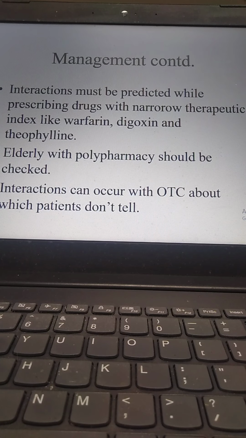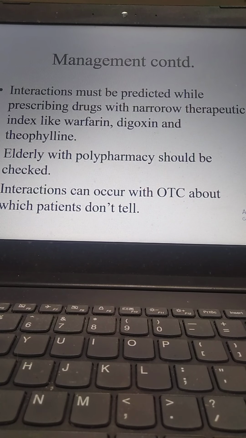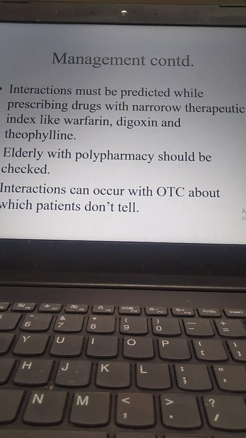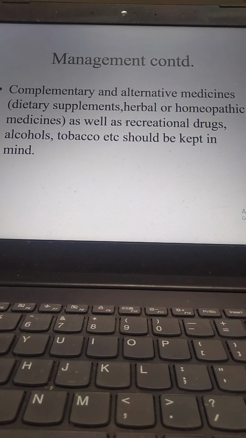If they have taken paracetamol, they hide it, and there is an interaction with the antihypertensives. So the patient has to tell the reality to the physician, or the physician should know about these interactions. Also manage complementary and alternate medicines, dietary supplements, herbal or homeopathic medicines, as well as recreational drugs, alcohol, tobacco, etc. should be kept in mind.